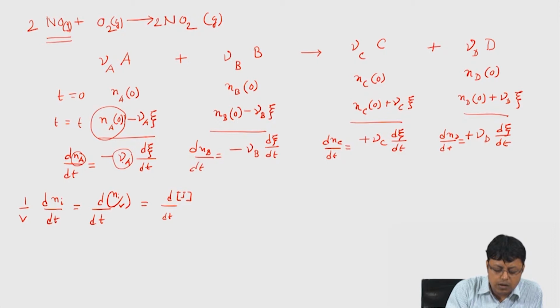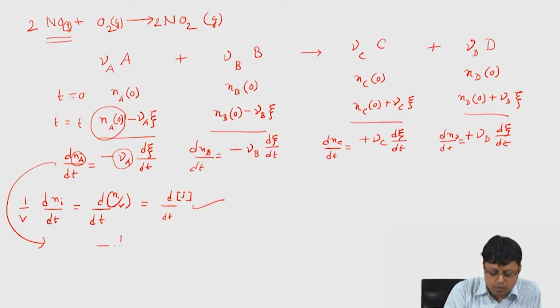And in the next step, I am going to divide by 1 over volume and use this relation, plus I am also bringing down the stoichiometric coefficient with the sign on the left side. So, we will see minus 1 over nu A dA dt, which will be nothing but 1 over V d xi dt.